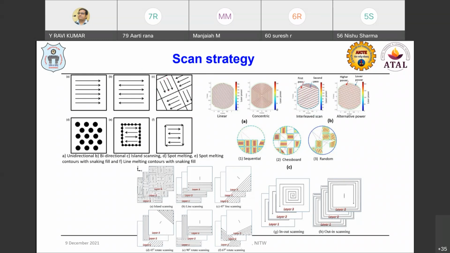Not only residual stresses, it also affects the quality and the geometrical tolerances of the part made by these different scan strategies. The Hilbert strategy, or rotation by 45 degrees, 90 degrees, any orientation, or island scanning. This all depends on the part geometry and how much height we are manufacturing.